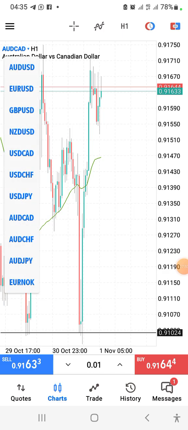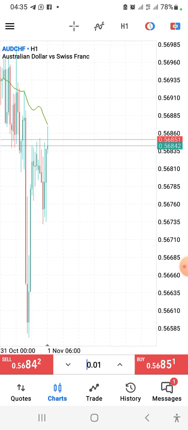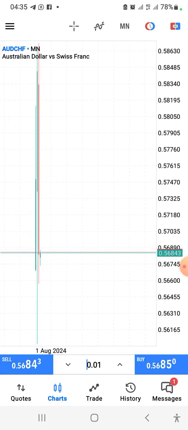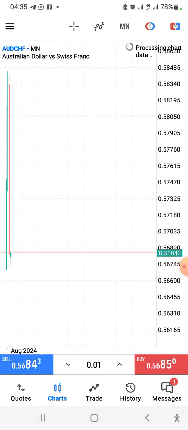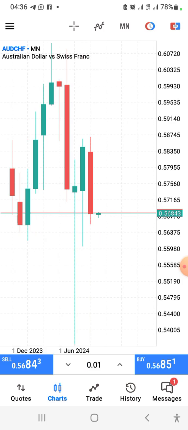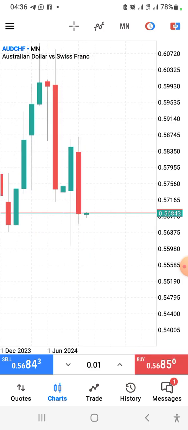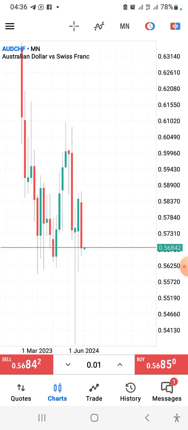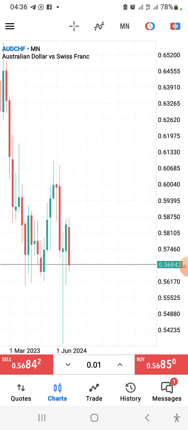Now let's look at the Australian dollar, Swiss franc. At the month, okay, an uptrend here, let's just hold, sorry, it's a downtrend.